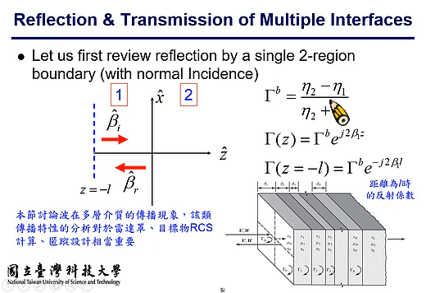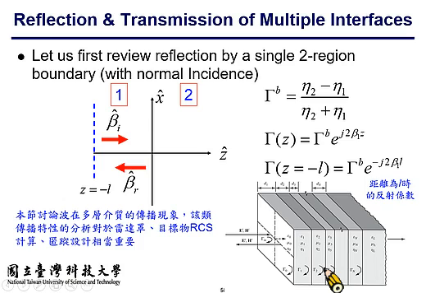Okay, so here is the reflection coefficient between just two media. For medium 1 and medium 2, the reflection coefficient is eta 2 minus eta 1 over eta 2 plus eta 1. And the important thing here is the translation of the reflection coefficient, used for describing propagation delay.